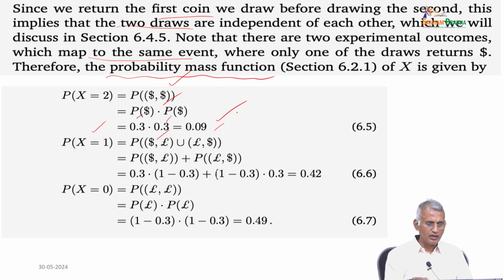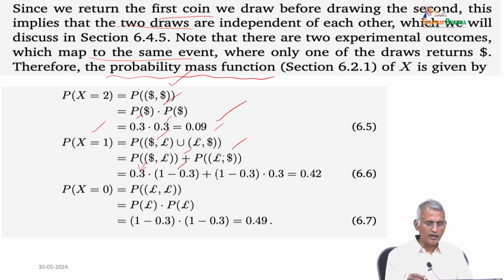If it is a union, then you have to put a plus: probability of S dollar plus probability of dollar S. Getting a dollar has probability 0.3, and getting a pound is 1 minus 0.3.